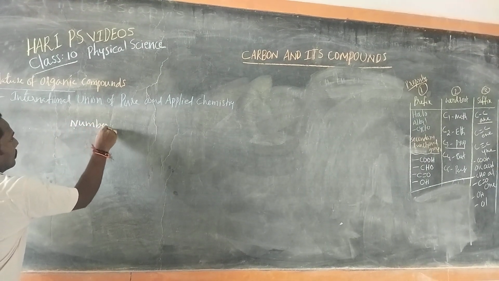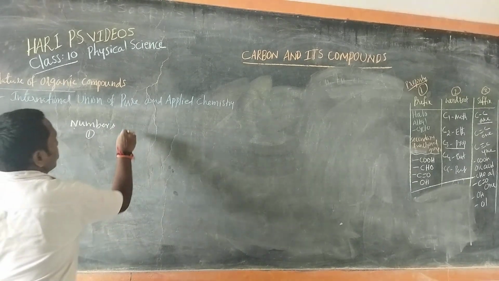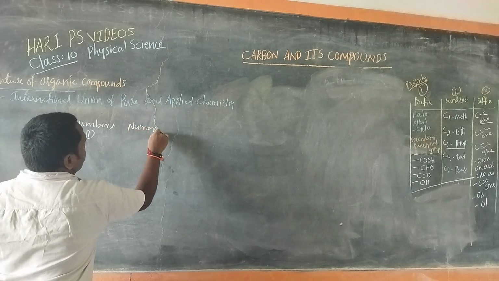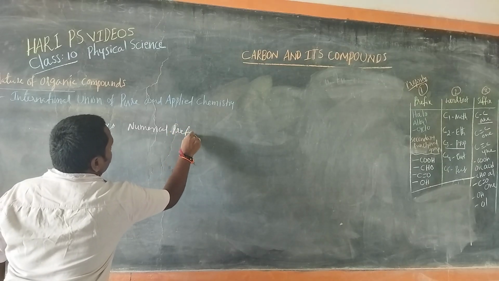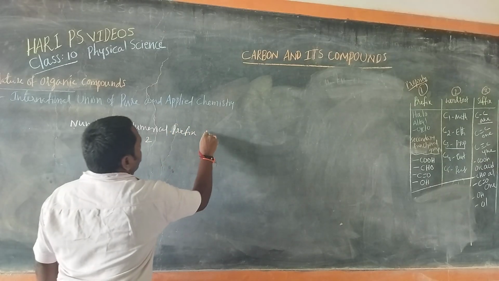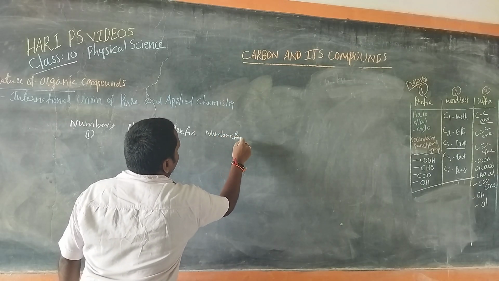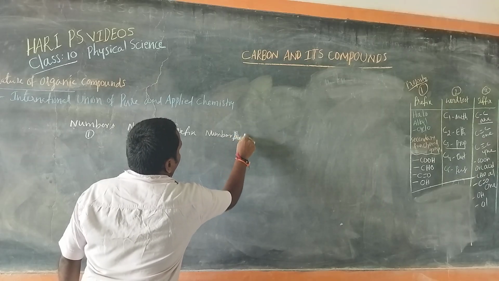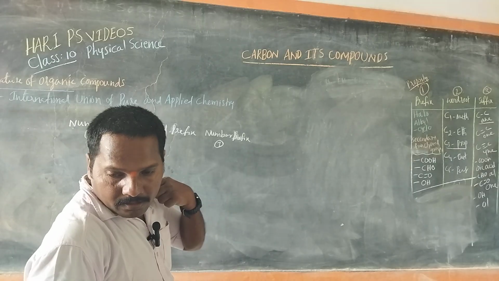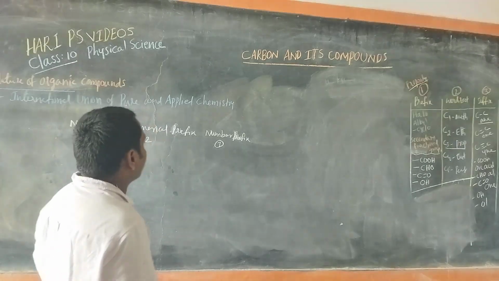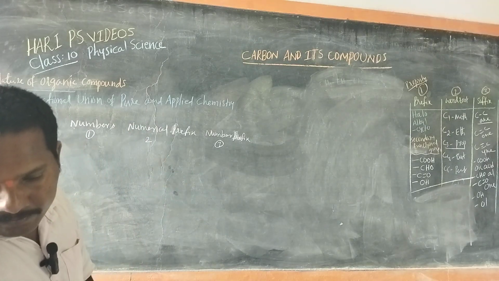Numbers first. Then we can write numerical prefix, second. Then number prefix. Then secondary, numerical secondary.